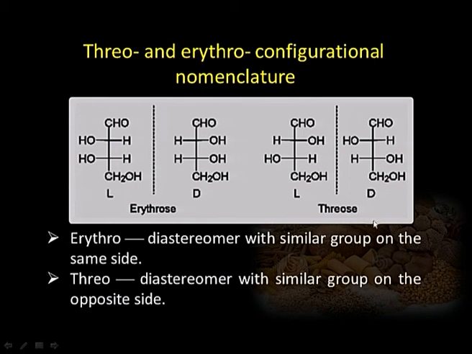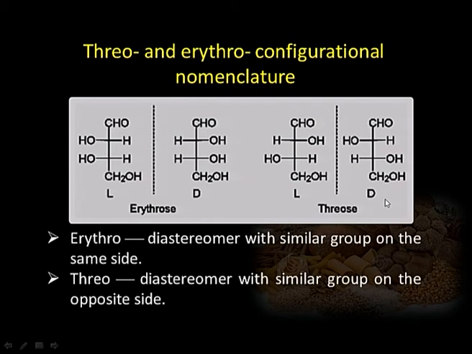And another isomer, threose: D threose has this lower hydroxyl on the asymmetric carbon atom on the right side and this on carbon number 2 on the left side, whereas its mirror image L threose has this hydroxyl on carbon number 3 on the left side and that on carbon number 2 on the right side. But out of the 2 compounds, both the isomers of erythrose have hydroxyl groups on the same side, and both the isomers of threose have the hydroxyl groups on the opposite side, that is across to each other.